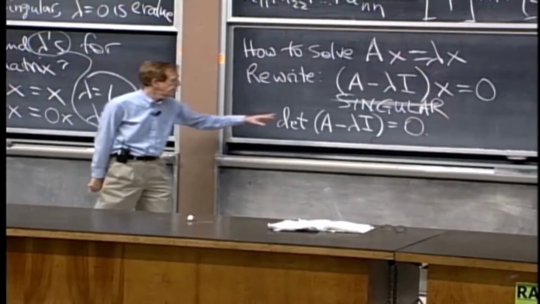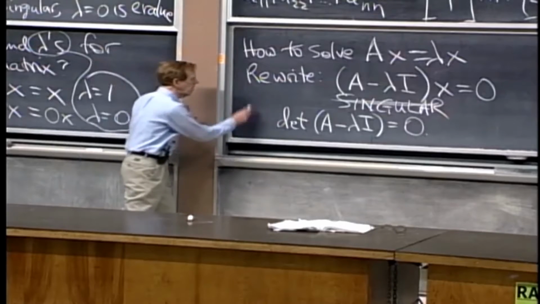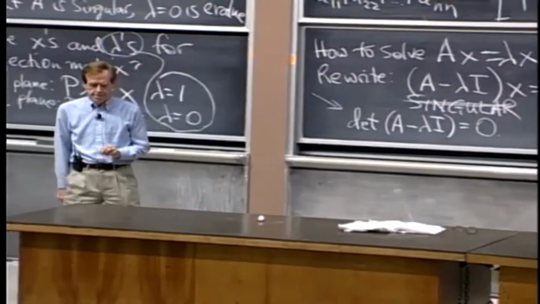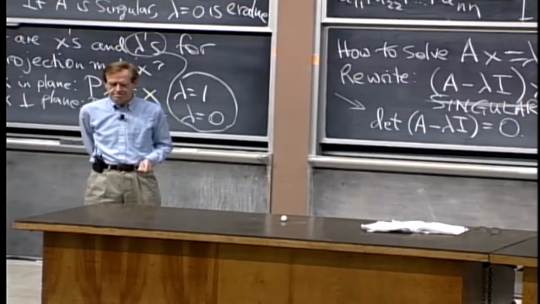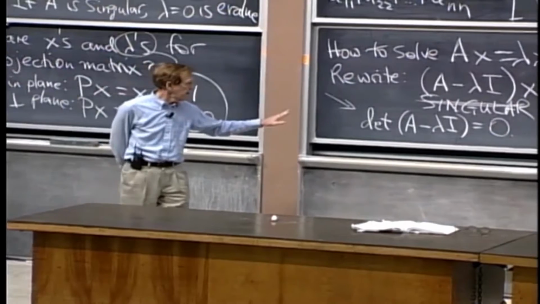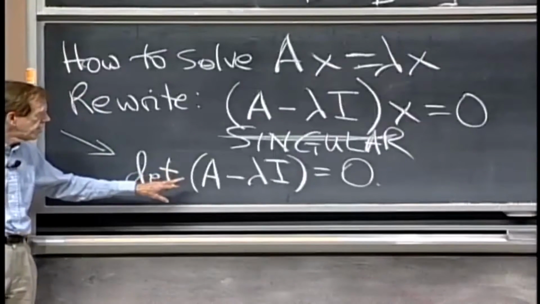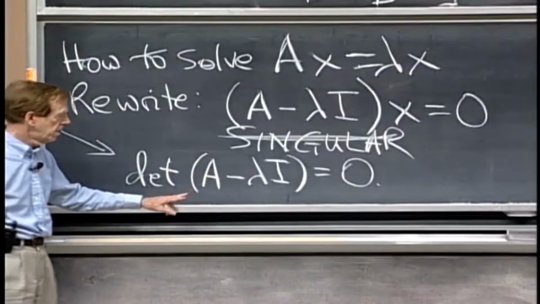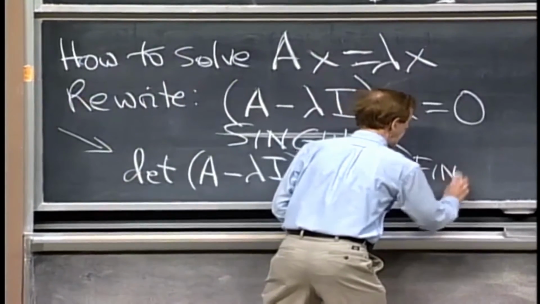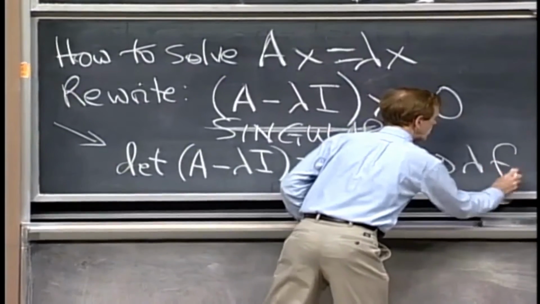I've got an equation for lambda, the key equation. It's called the characteristic equation, or the eigenvalue equation. In other words, I'm now in a position to find lambda first. So the idea will be to find lambda first.